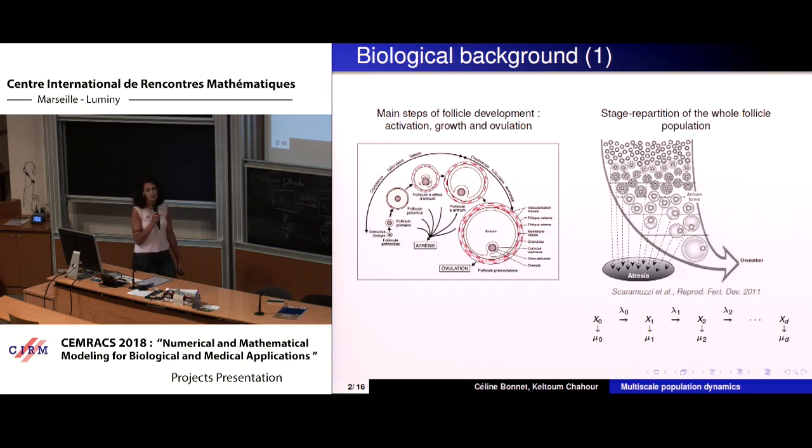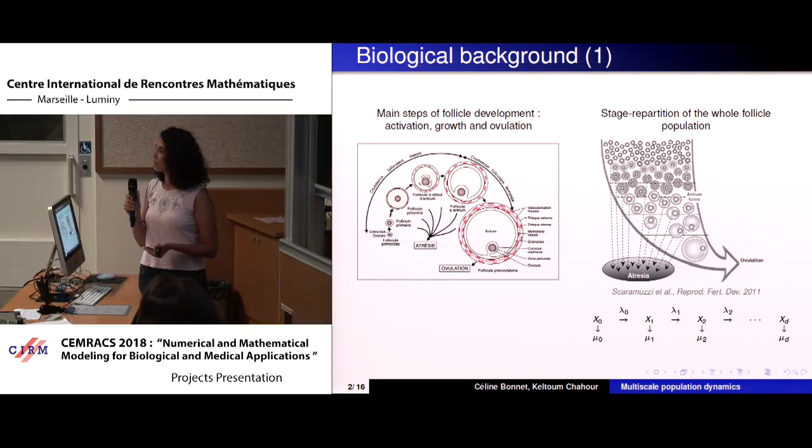Okay, we will present a model to follow the growth of follicles. So what is a follicle? A follicle is a structure composed of egg cells that lives in the ovary of a female. The initial stages of these follicles are the quiescent follicles.